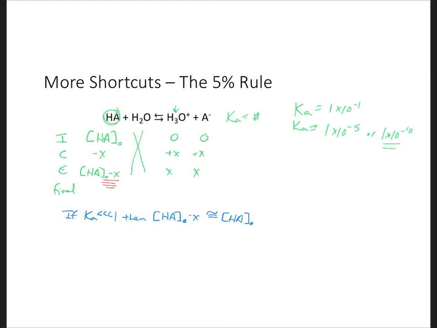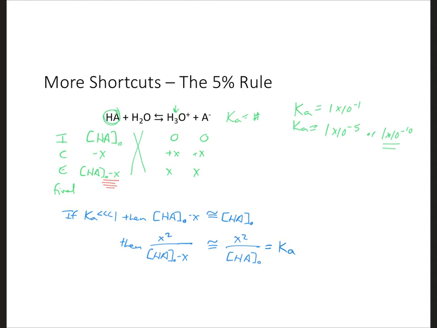So when we get to the solving part, x squared over HA minus X is now approximately equal to x squared over HA, right? Because there's not going to be a very big change in HA, we just treat it like it's still that HA number. Now when we set this equal to Ka, which is a number, we no longer need the quadratic equation solver because we don't have an x squared and an x and a number.